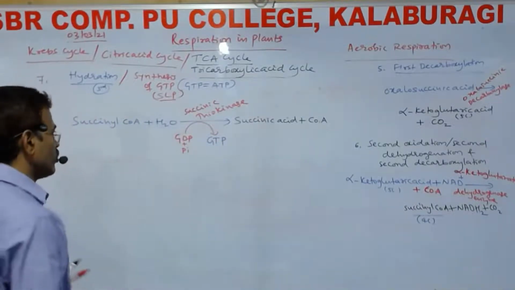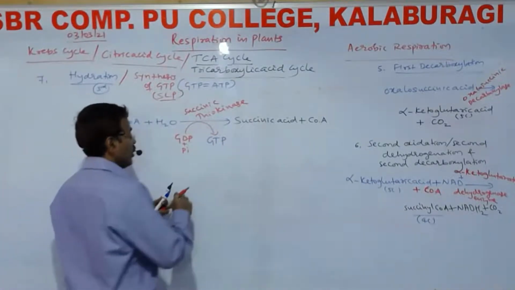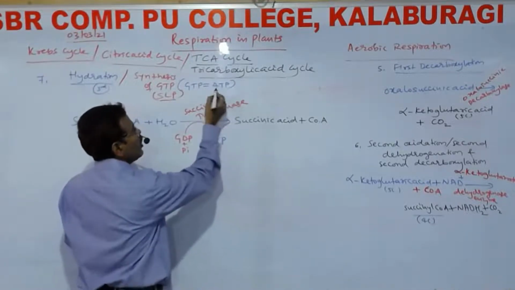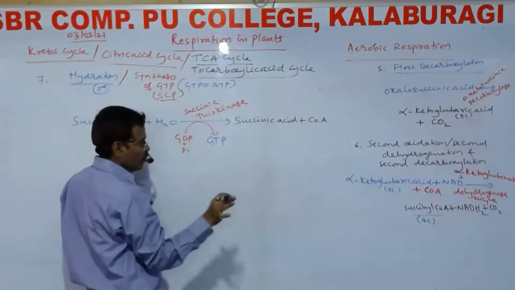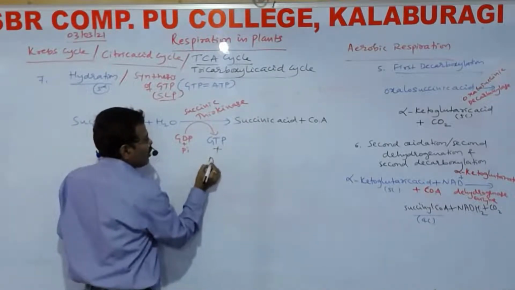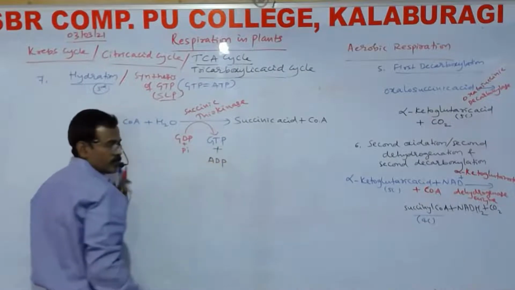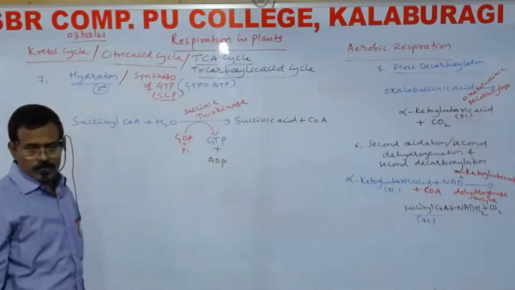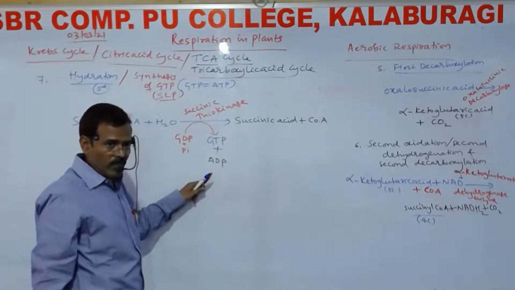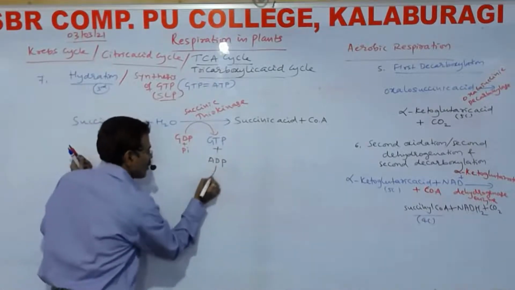This GTP is equivalent to ATP, I told you. GTP can combine with adenosine diphosphate, and what can it produce?